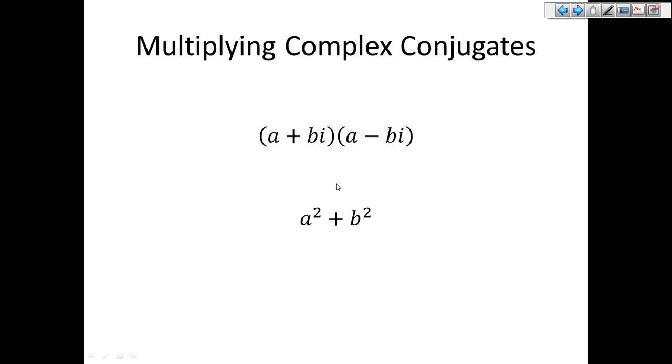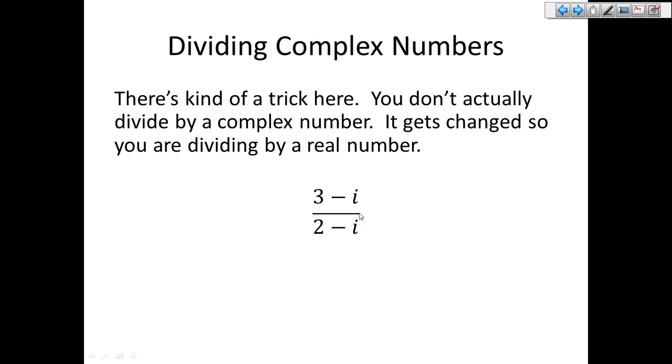Always, always, always, if they're complex conjugates, this is what it's going to equal. Okay, now we're going to need that for our next subject. There's kind of a trick here, and it's not a big secret or anything, but it turns out that if we want to divide by complex numbers, we don't divide by complex numbers. We're going to make this bottom complex number a real number and then divide by that real number.